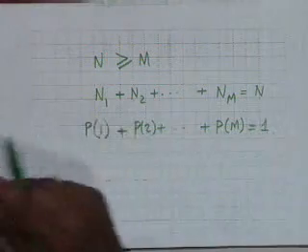Obviously this must be equal to 1. So all the probabilities, if it is a complete experiment. What is a complete experiment? An experiment which gives a chance to all events appearing. It's a complete experiment.